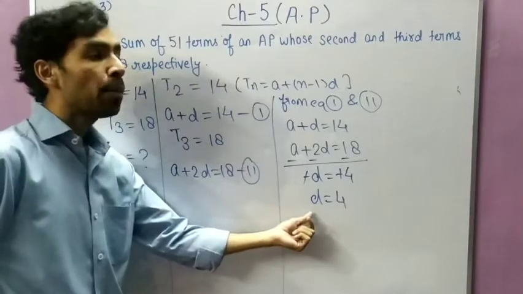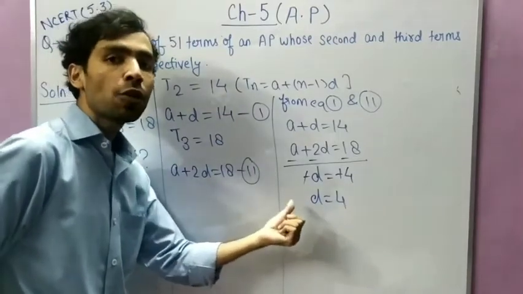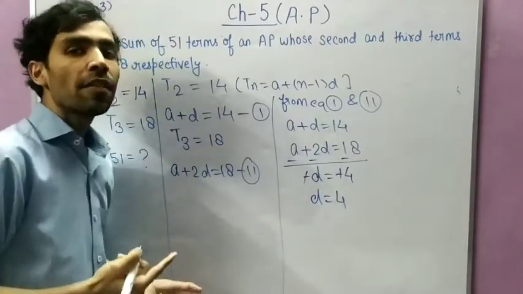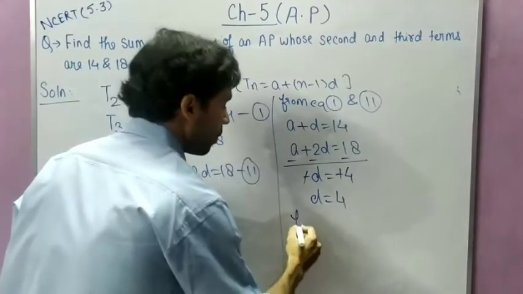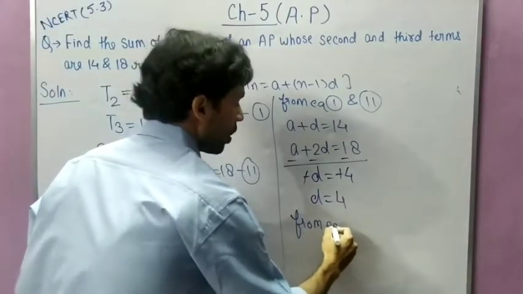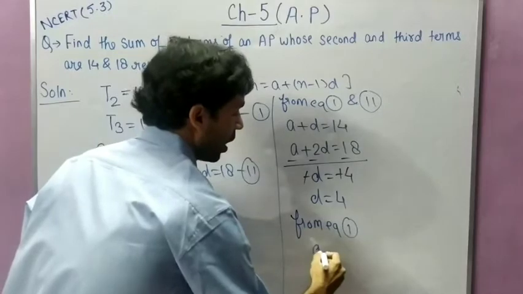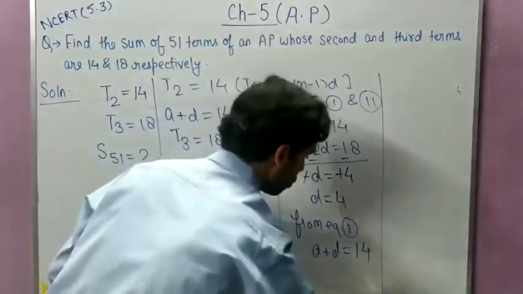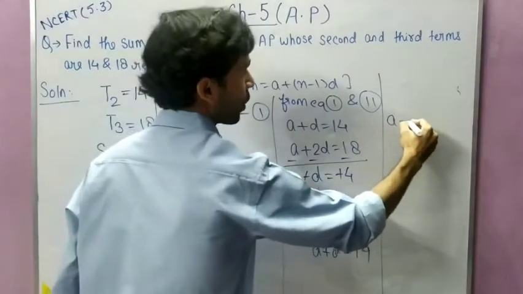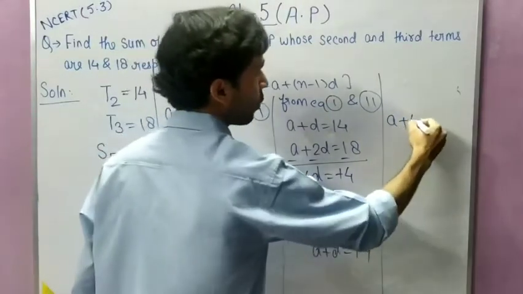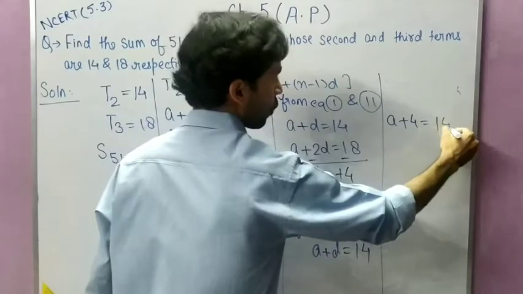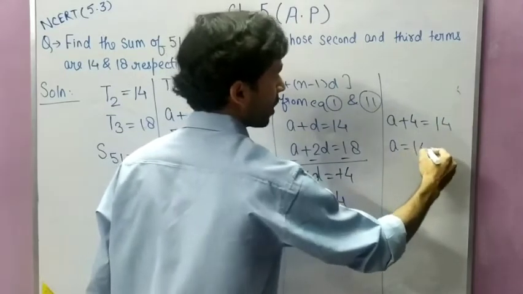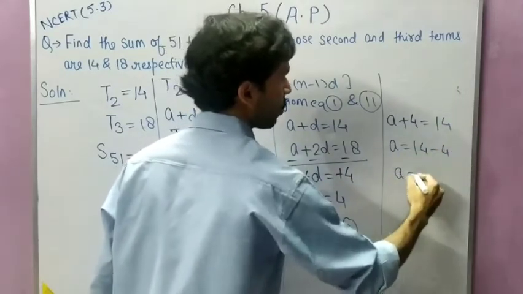Now you can put the value of D in any of the two equations so that you can get the value of A. So from equation 1, A plus D equal to 14. The value of D is 4, so A is equal to 14 minus 4. So A is equal to 10.